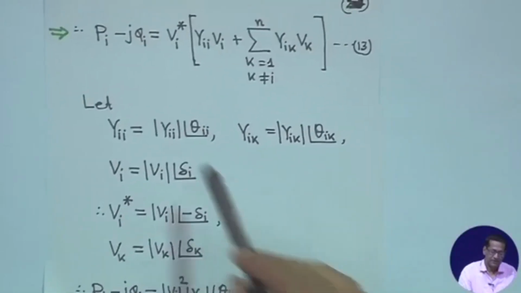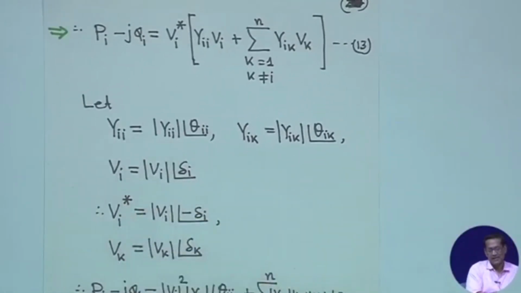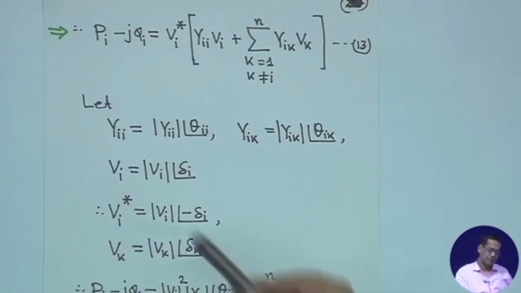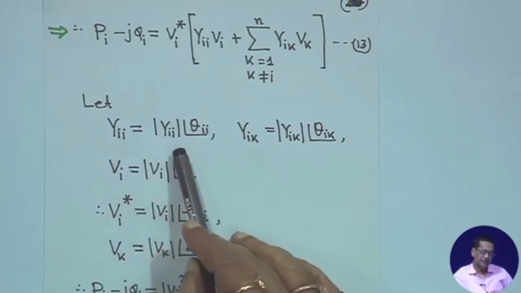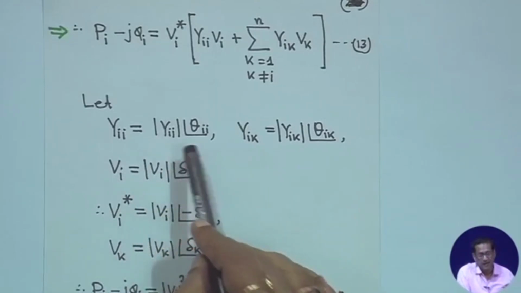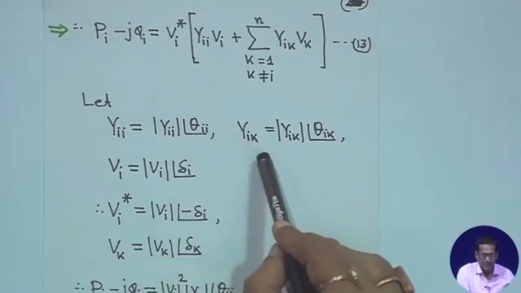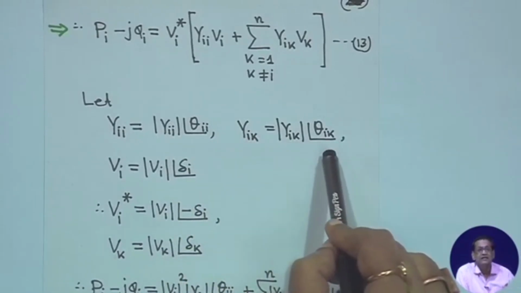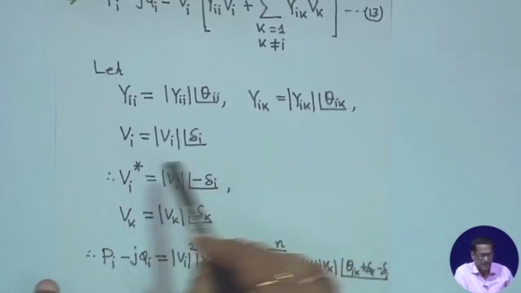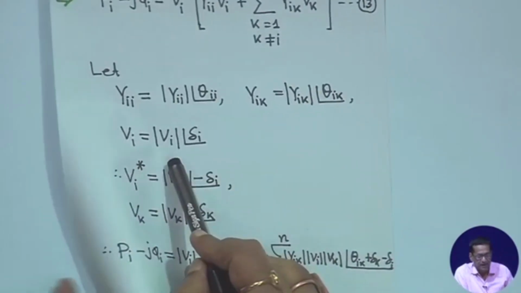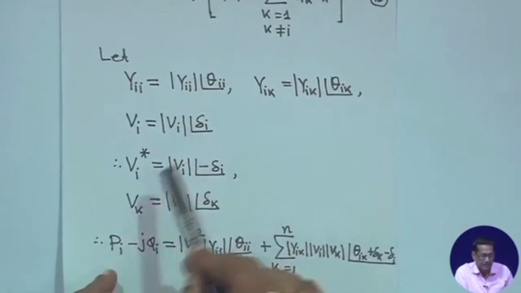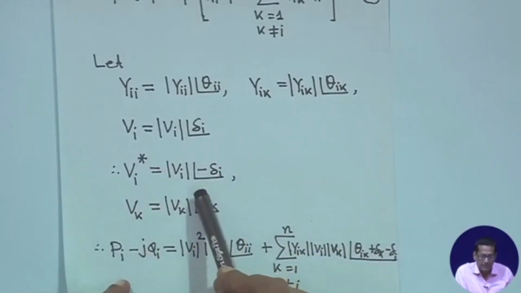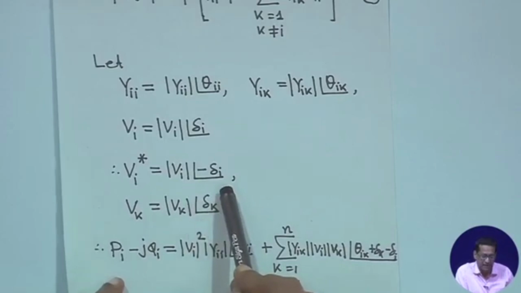Now, define all the admittance elements of the Y matrix in terms of magnitude and angle. Therefore, Yii is magnitude of Yii angle theta ii, and Yik is magnitude of Yik angle theta ik. Similarly, Vi is equal to magnitude Vi angle delta i. Therefore, Vi conjugate will be magnitude Vi angle minus delta i.